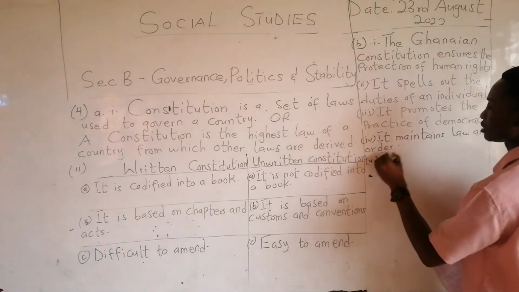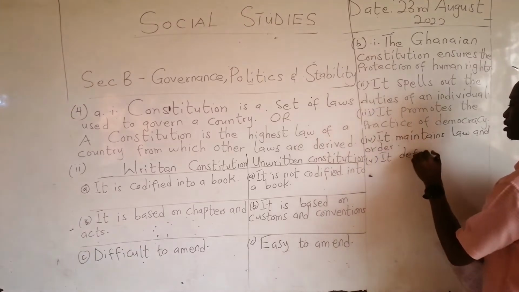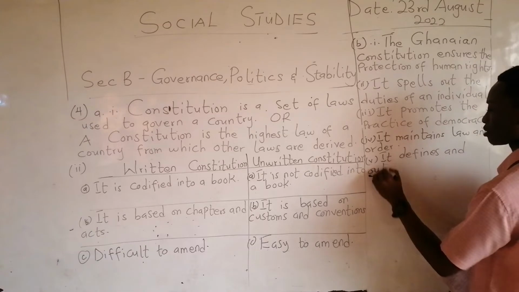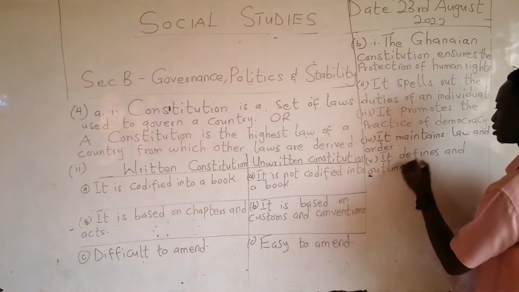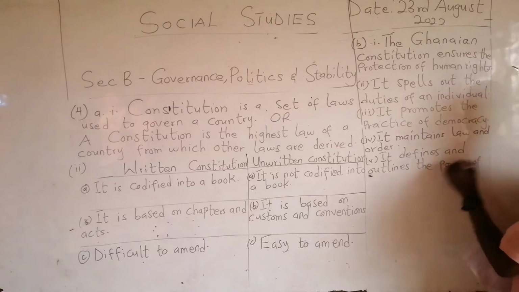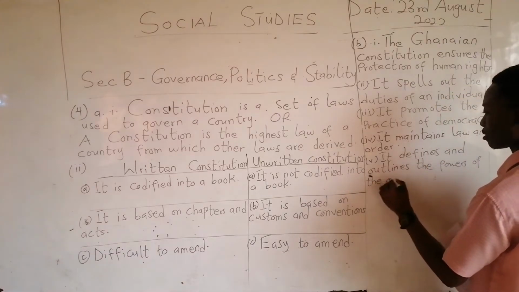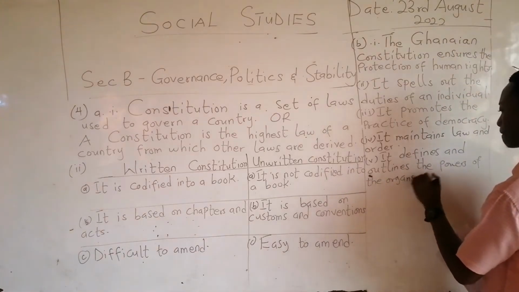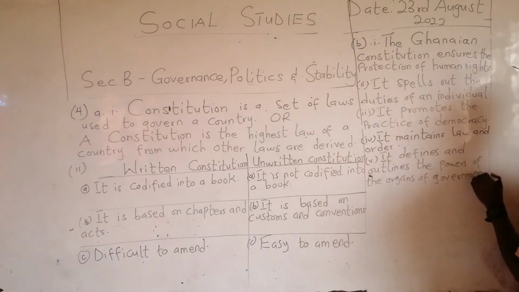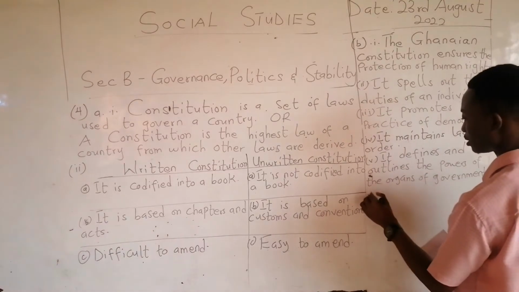Five, it defines and outlines the powers of the organs of government.